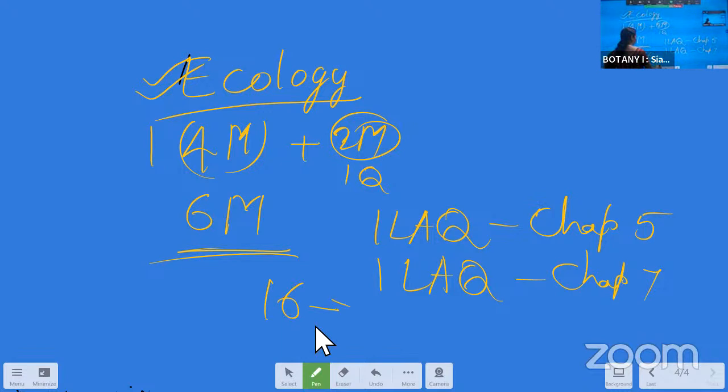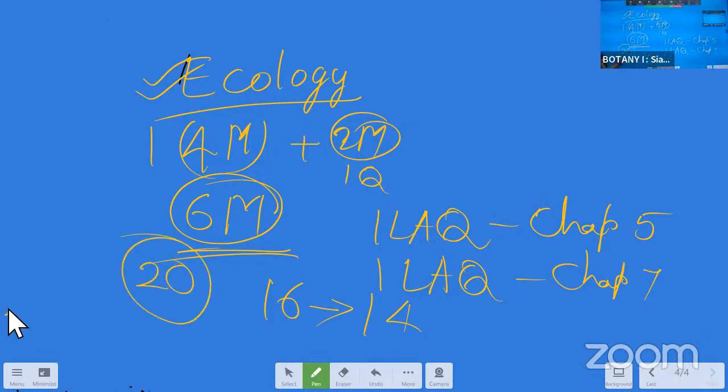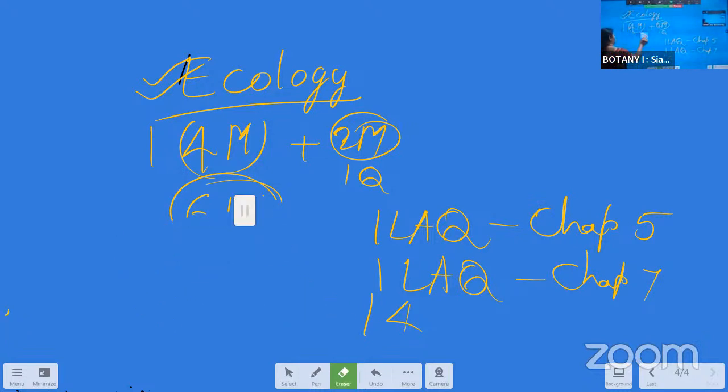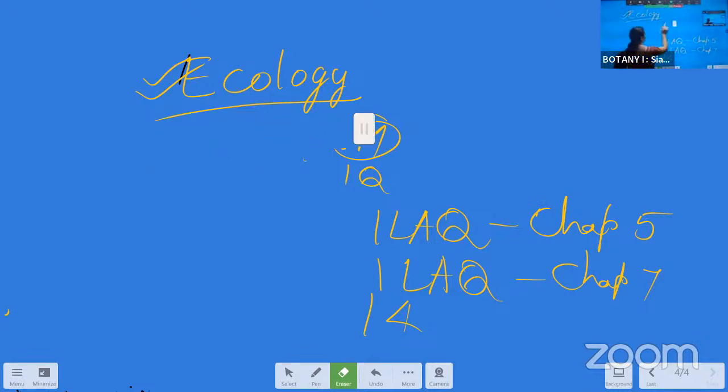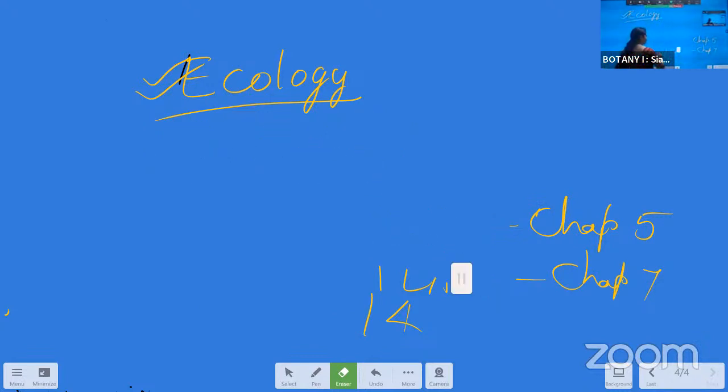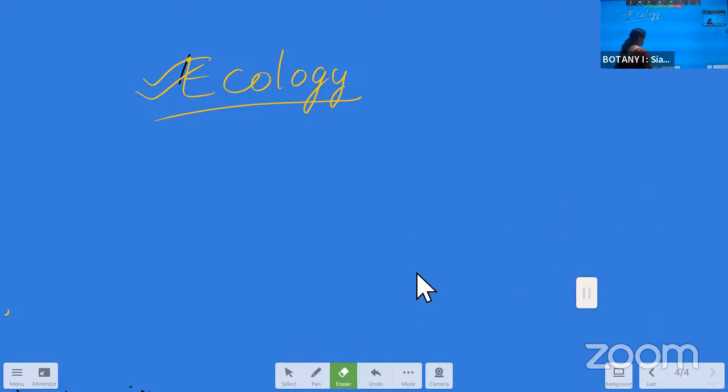In that, if we have not written anything, 14 marks we can get. And 14 plus here 6 marks as it is, we need to get. That is 20 marks we got right now with the 3 chapters we learned. So it's the very easiest one for us. So better to learn the chapters which have a good scoring capacity for the SAQs, LAQs, and the VSAQs. Obviously, we need to learn from all chapters.